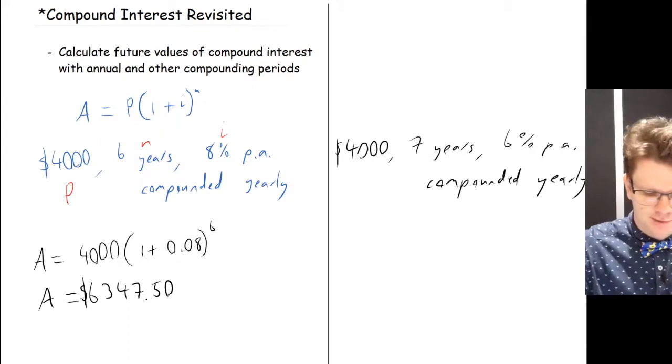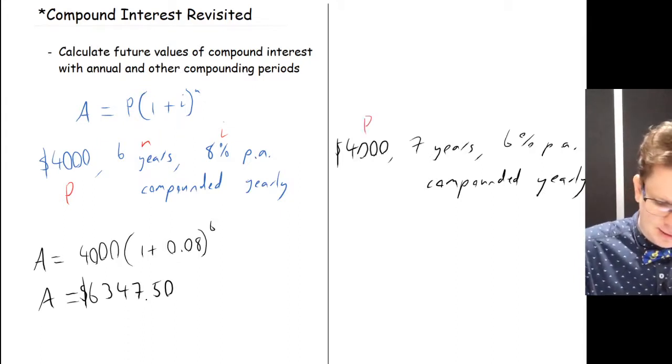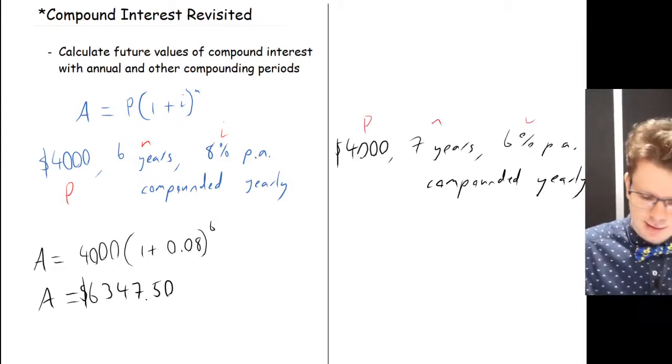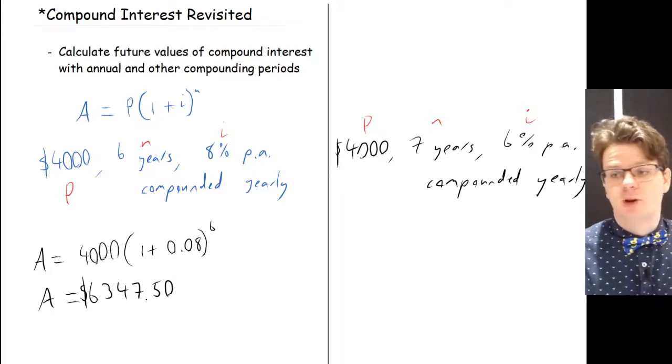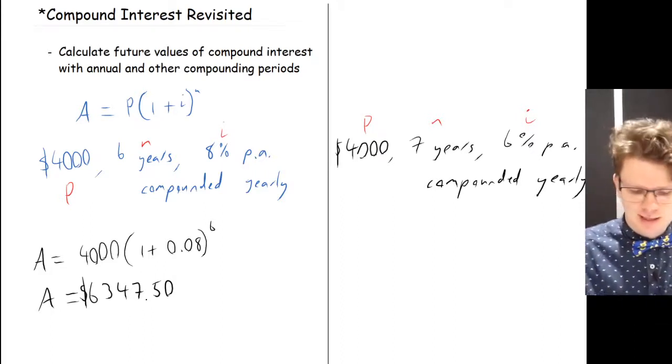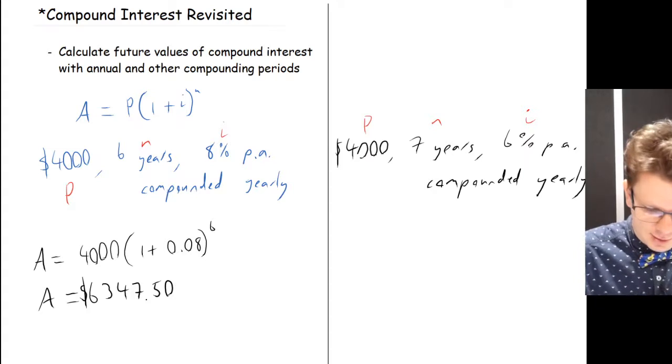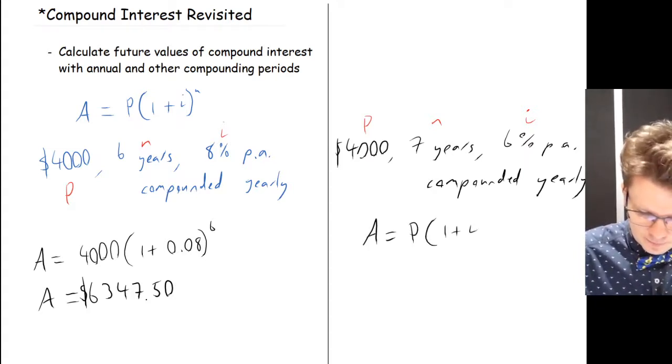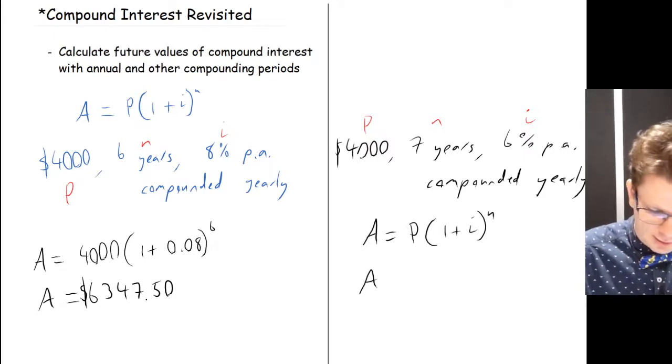Alrighty, so once again, let's go through and label our variables. P, n, i in this case. And we've got that it's compounding yearly, which means it's going to be nice and straightforward to do. So, formula: A equals P(1 + i)^n. Substitute in.